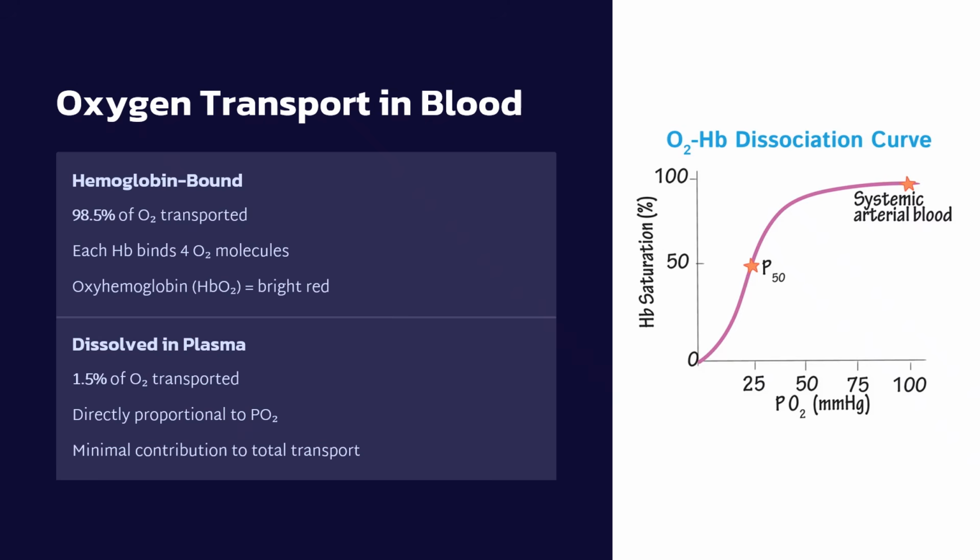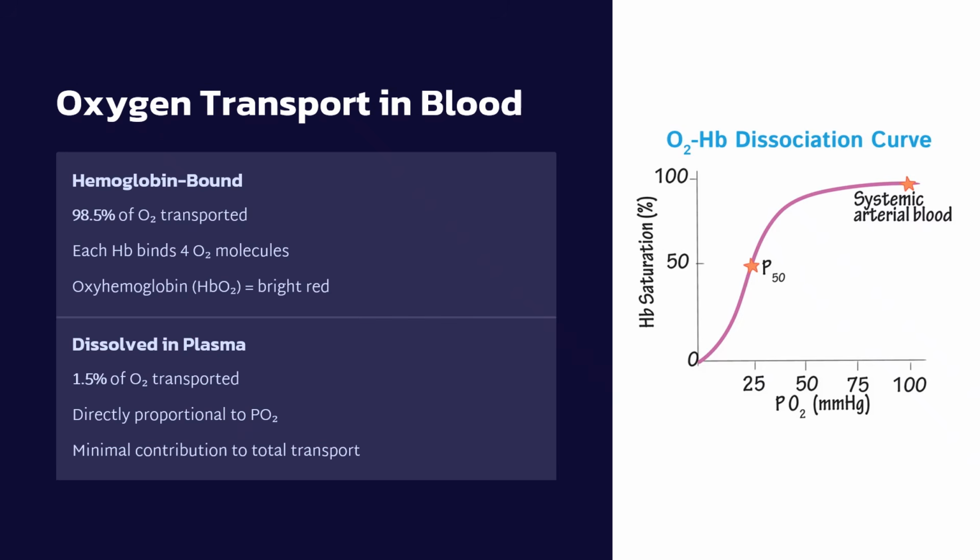So let's go now to the oxygen transport in the blood. About 98.5% is carried bound to your hemoglobin in red blood cells, forming your oxyhemoglobin. The oxyhemoglobin is bright red, which allows a large amount of oxygen to be transported without greatly increasing the blood pressure or the volume.